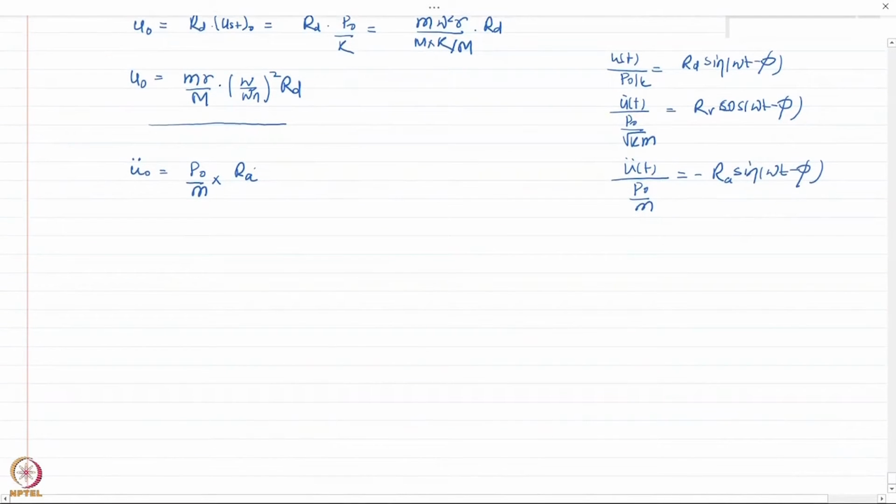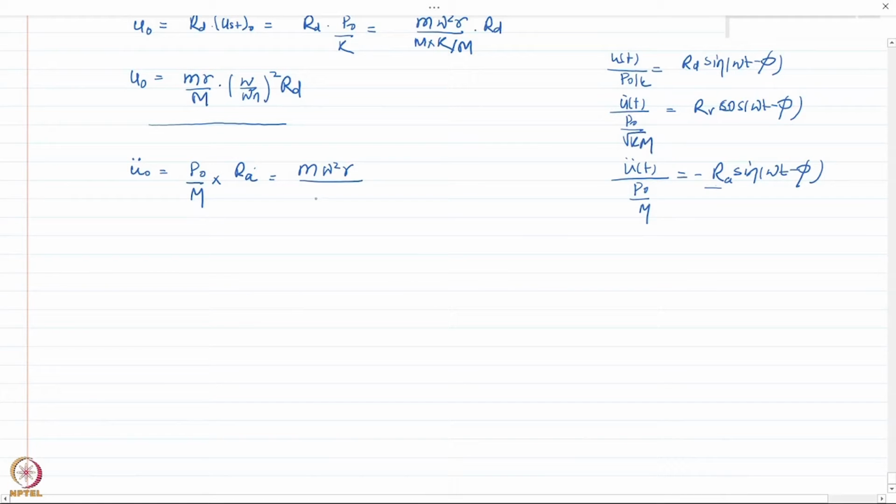So basically we are using the same expressions. The amplitude here for u double dot naught would be p naught by m times R a, which I can further write as m omega square r over M times R a. Remember, this would be capital M here because the mass of the single degree of freedom system is capital M. So just keep that in mind.